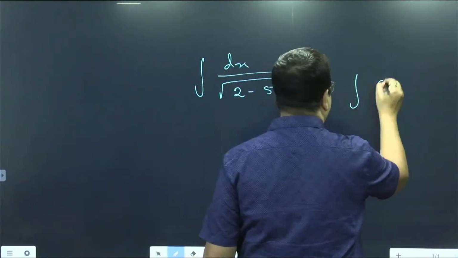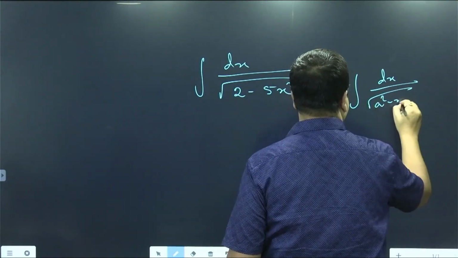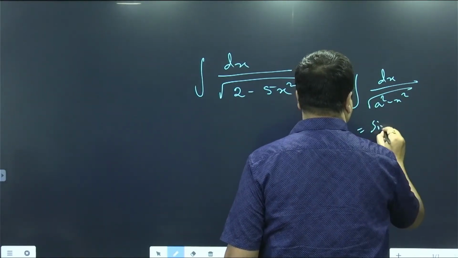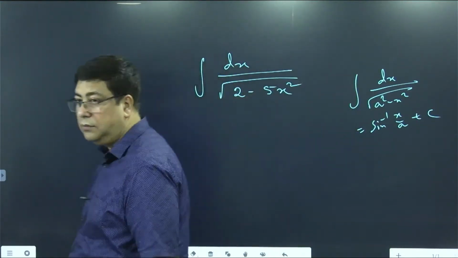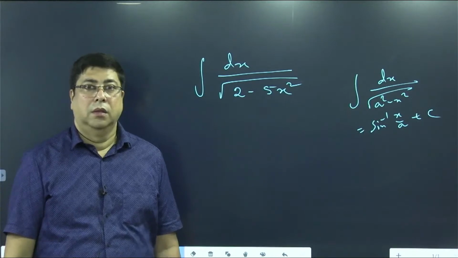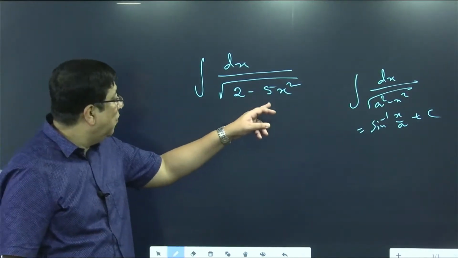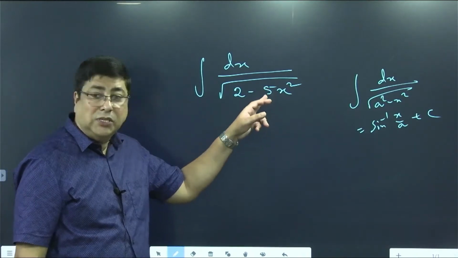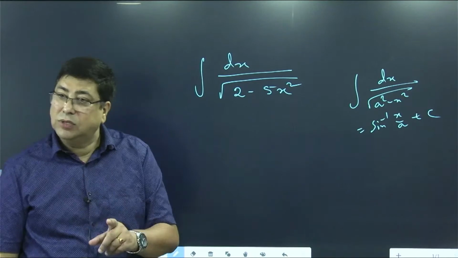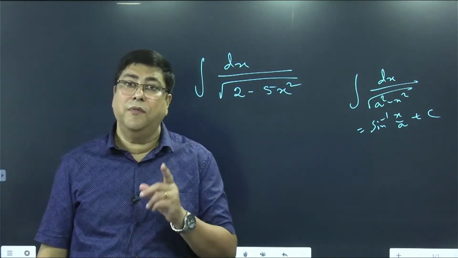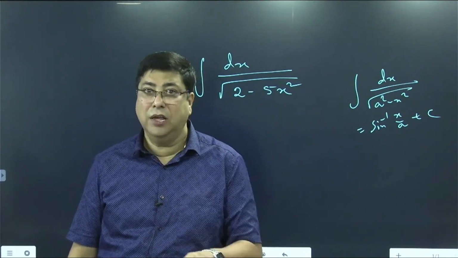As we know the last formula, we are getting dx by root over a square minus x square, that is sine inverse x by a plus c. It means first of all, once again, we have to take the coefficient of x square common, but we cannot take minus outside because calculus is the study of real analysis. We cannot take complex numbers in the general case.